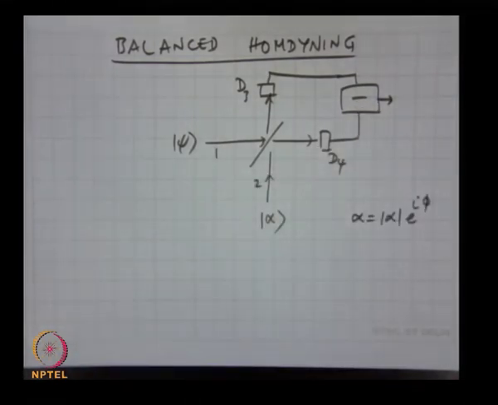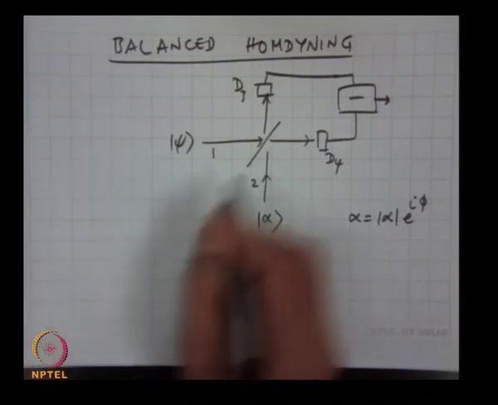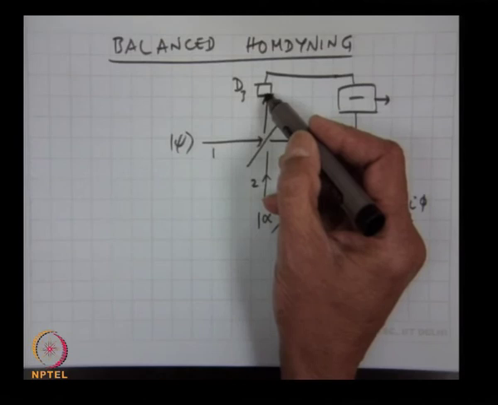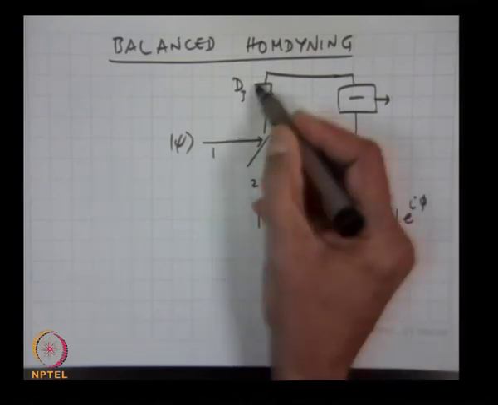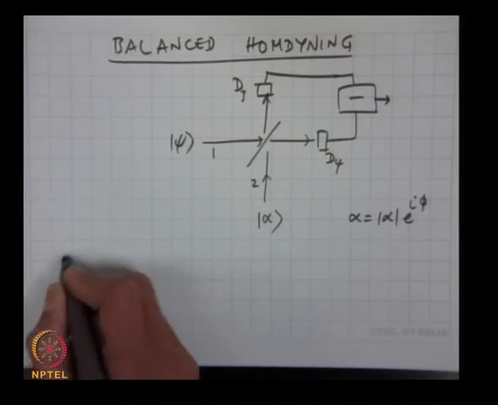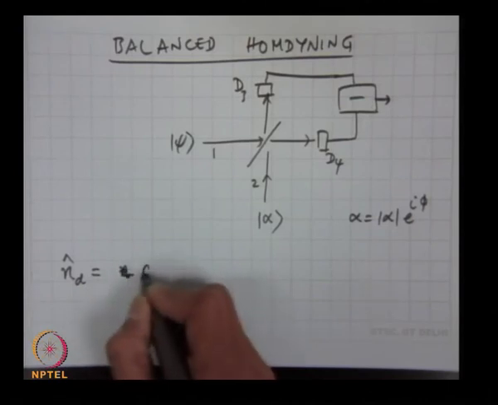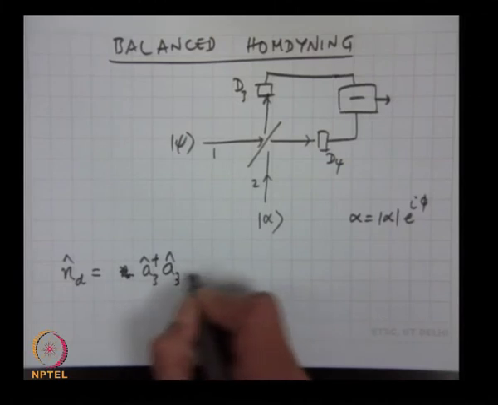Okay, I'll just give you a few steps and then we'll continue in the next class. So what I want to calculate is, what is this doing? This is measuring the expected number of photons arriving here. There is an expected number of photons here, and what I'm doing is subtracting the two. So what I'm actually measuring is this quantity: A3 dagger A3 minus A4 dagger A4.